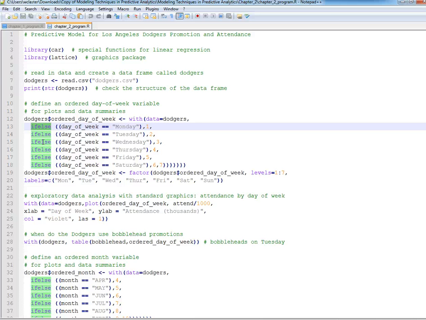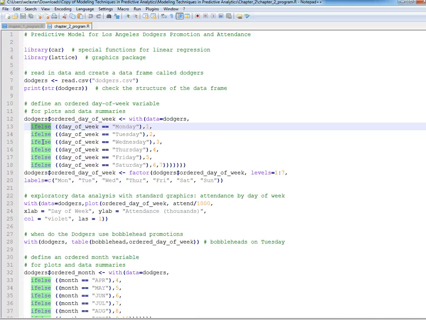I decided that you guys might be getting impatient, so I decided to start to do some analysis like this, even though we don't know all of the functions. One of them is if-else.